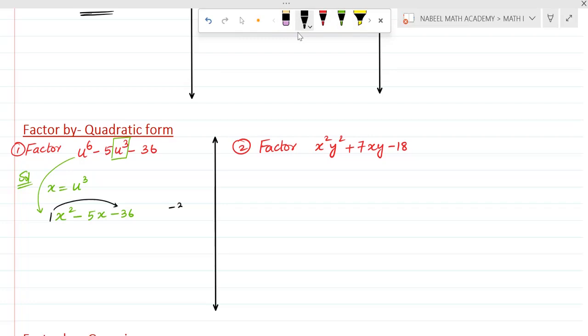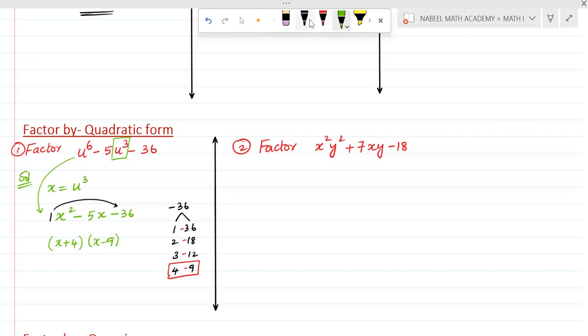It is minus 36. Write the factors: 1 into 36, 2 into 18, 3 into 12, 4 into 9. Since the sign is minus, the larger number will be minus. Which one is correct for this? I can write it directly because the leading coefficient is 1: x plus 4 and then x minus 9.